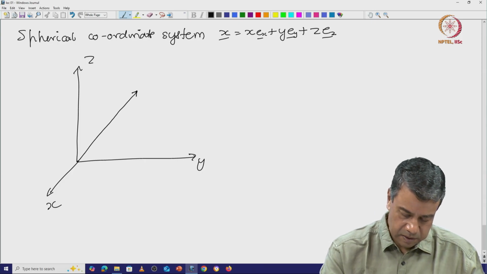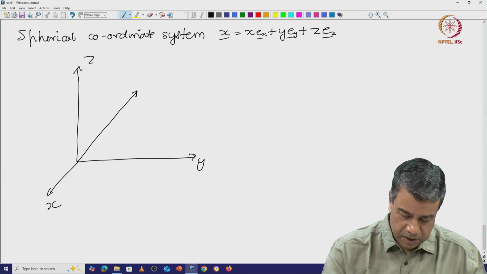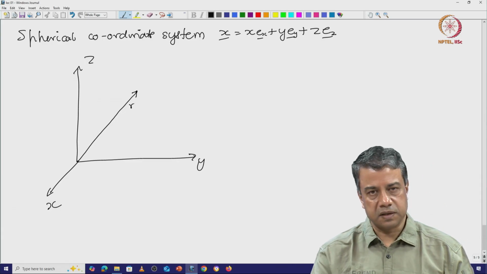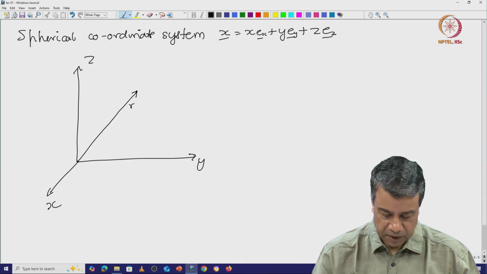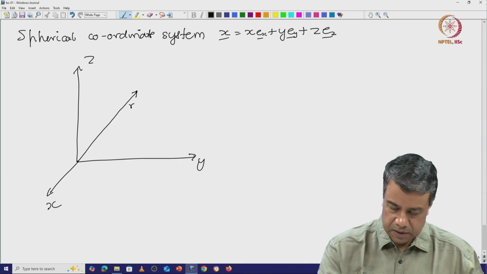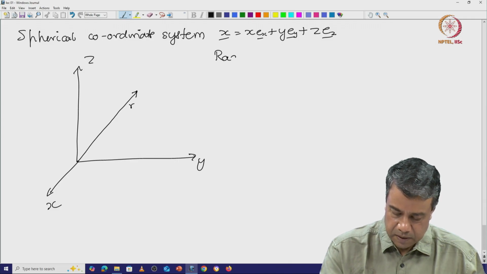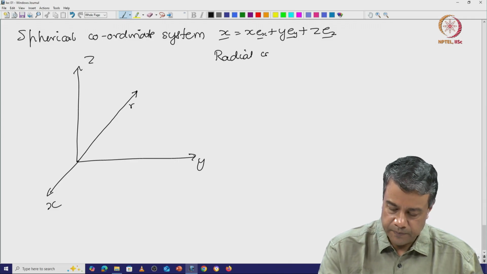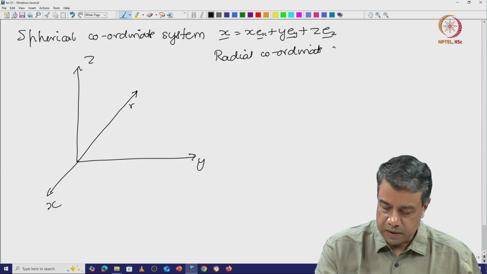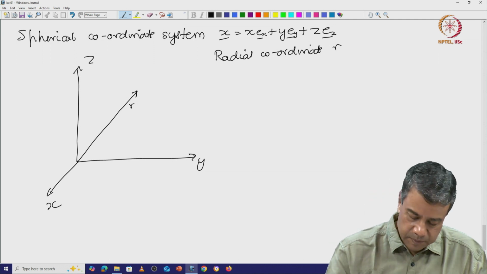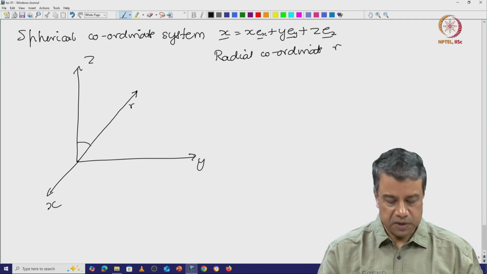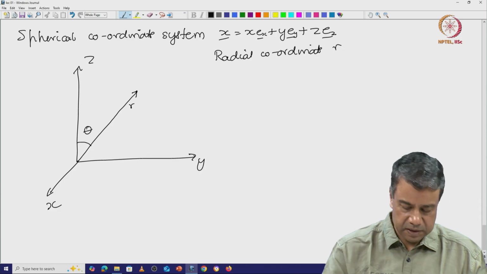In the spherical coordinate system, as I said, one of the coordinates is the distance from the origin. That is called r, the radial coordinate: the distance of any point in space from the origin. The second coordinate is the angle made by the position vector with the z axis.